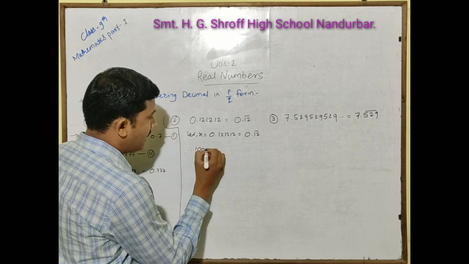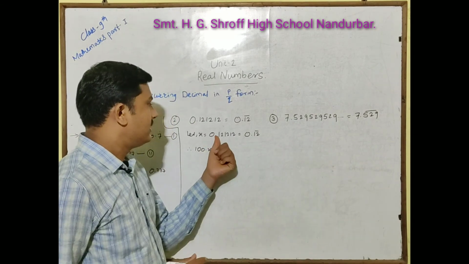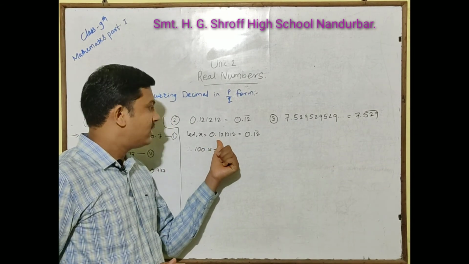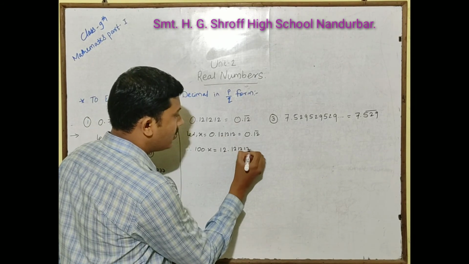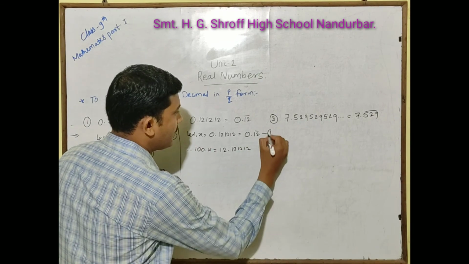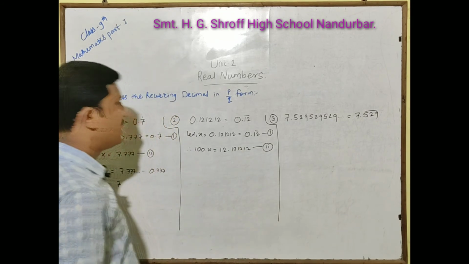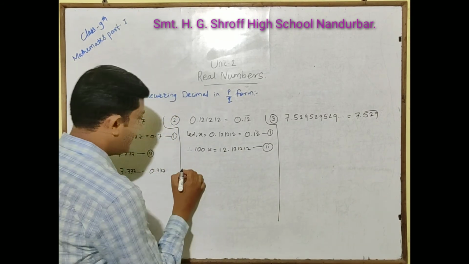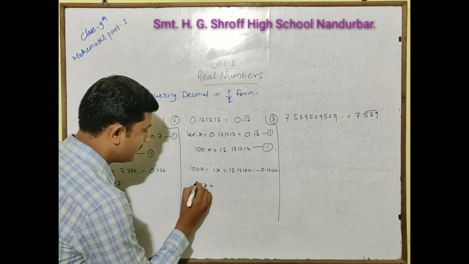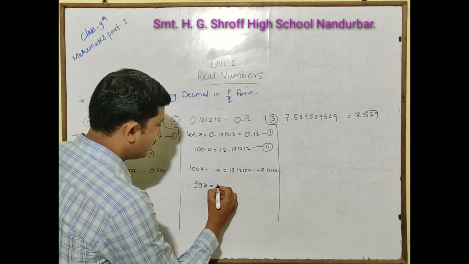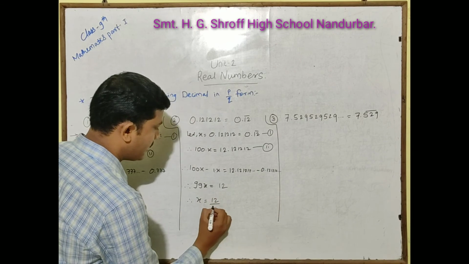Therefore 100x is equal to, if you multiply by 100, the decimal point will shift after the two digits, that is 12.121212. Same as equation 1, this is equation 2. Now subtract equation 1 from equation 2. What do we get? 100x minus x, that is 99x, equal to 12. Therefore the value of x is 12 divided by 99.